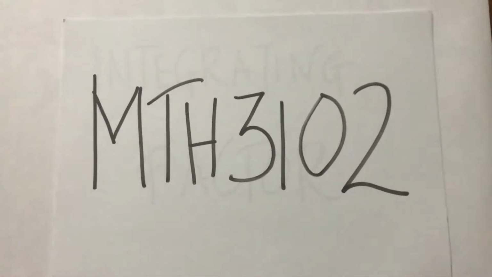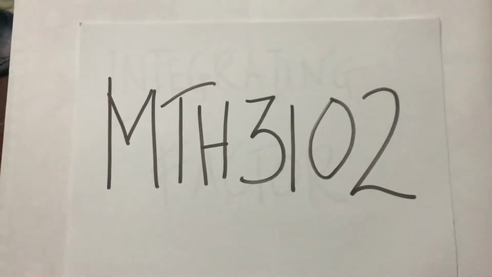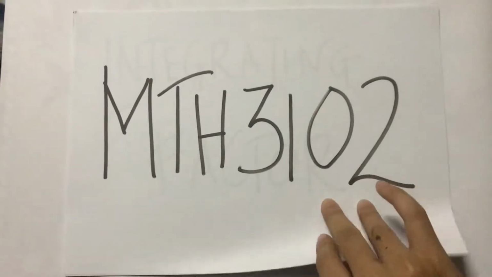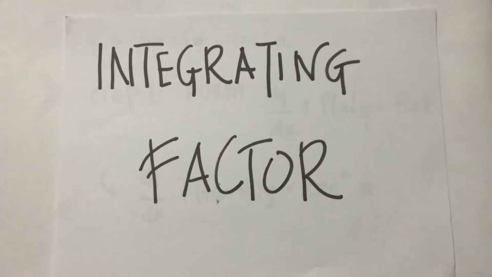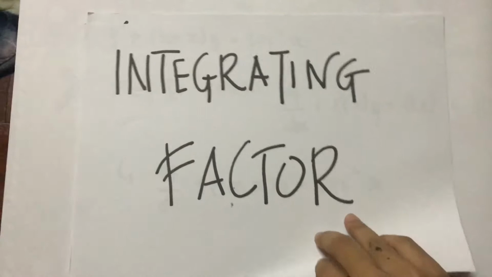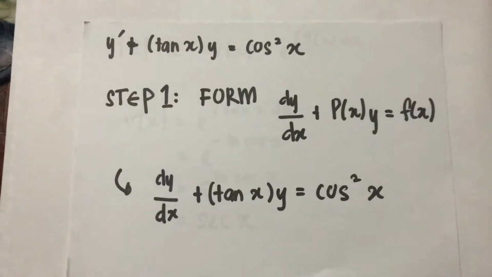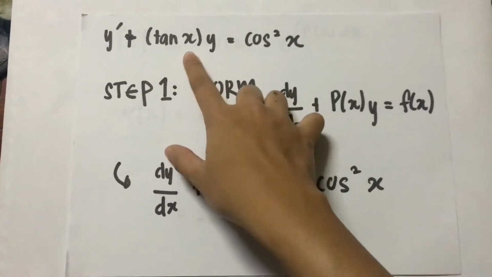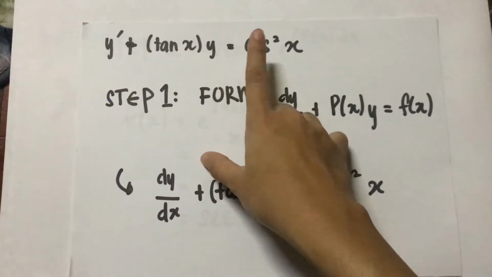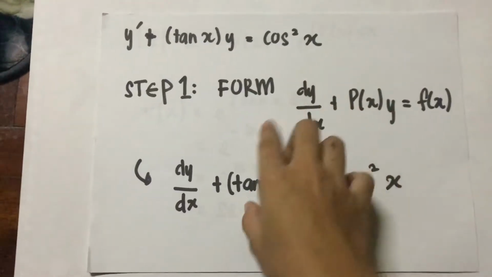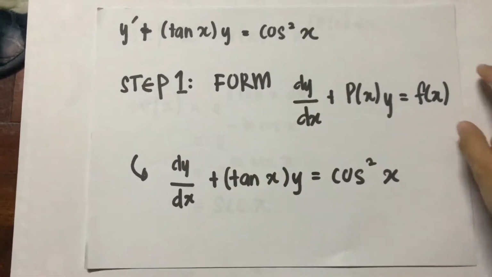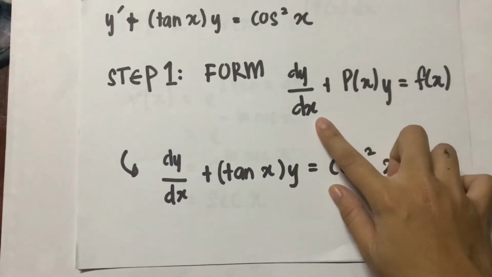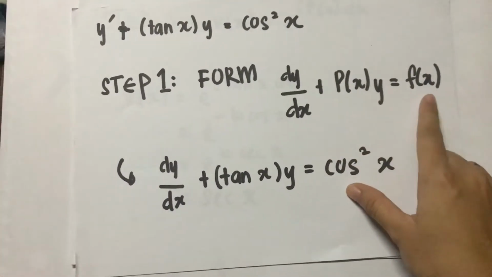So in this video, I'm going to continue to explain the method that I have learned. Okay, firstly is the integrating factor. The equation is y prime plus tangent of x y equals cos power of 2x, which is firstly we're going to form it into this form, dy over dx plus pxy equals fx.